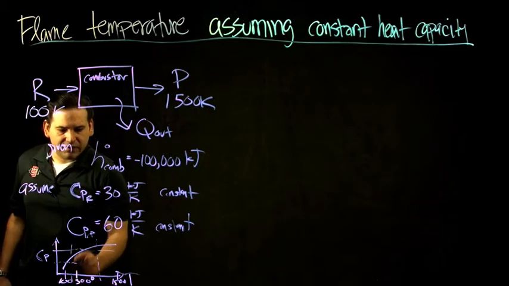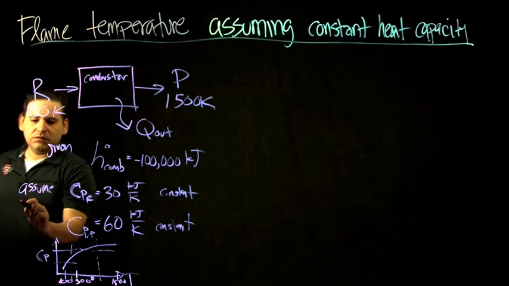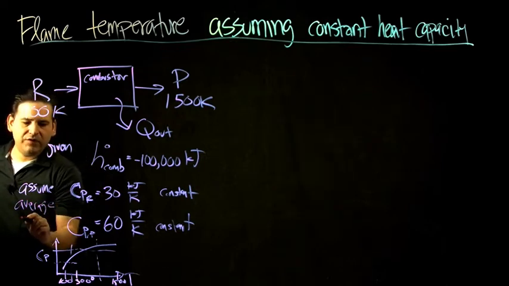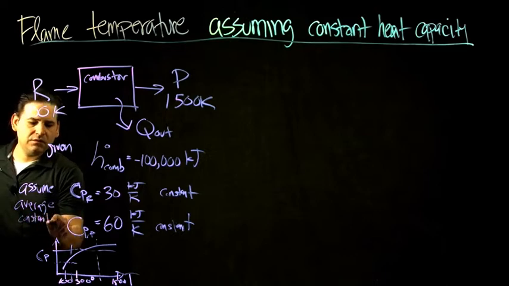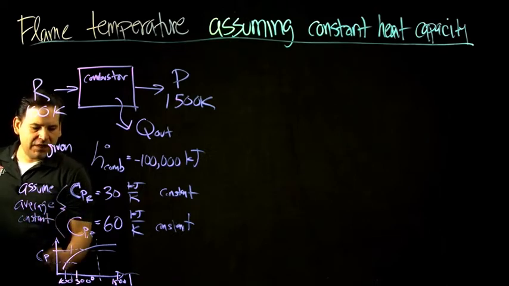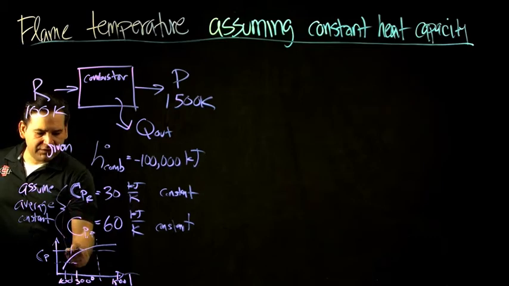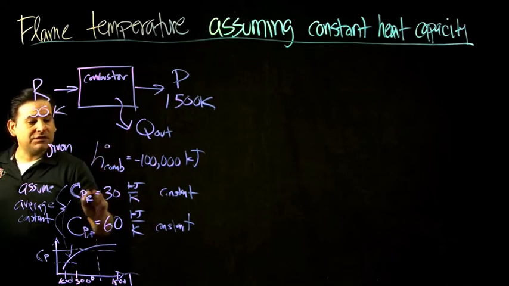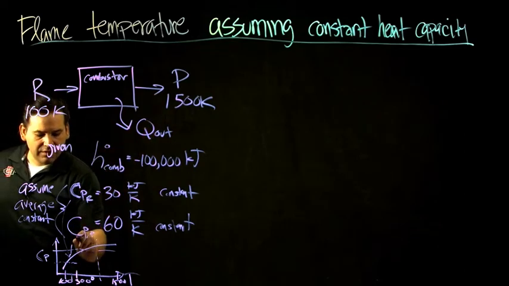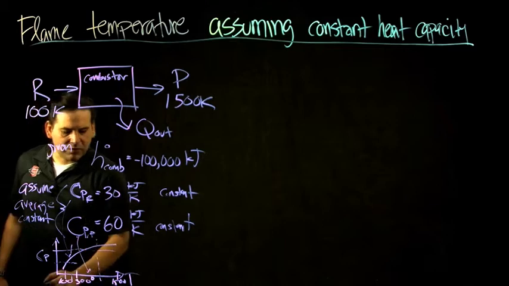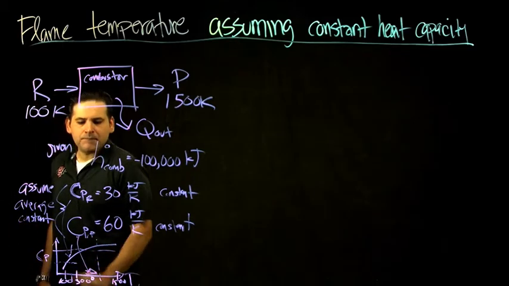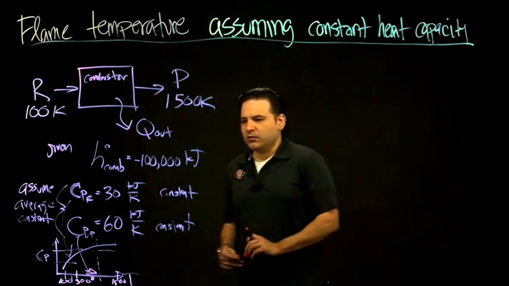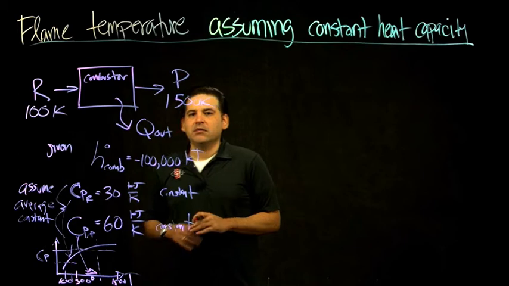This would be the average value. So assume average constant values. That's what we're doing here. So this would be the average of this process, so that the products are going to go from the standard state to 1500 Kelvin, applying this value here, something representing there. That is an assumption you can make, and if you give reasonable numbers, you'll get something in the ballpark.